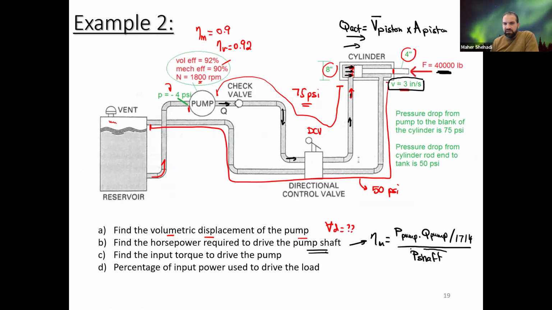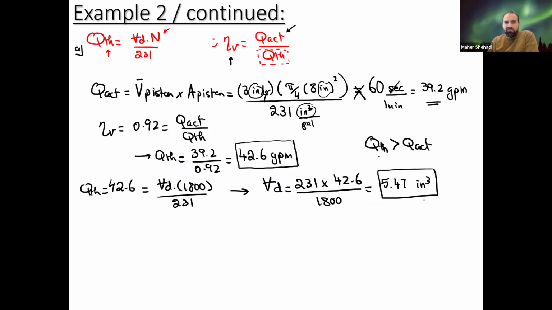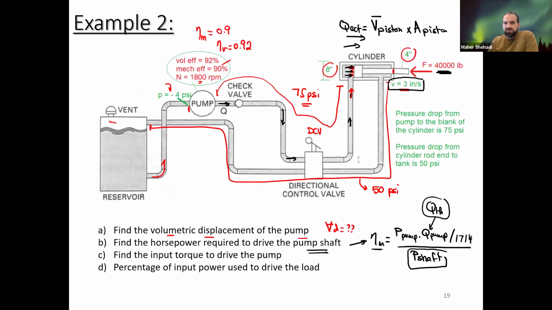Now, if you want to use the mechanical, then make sure you use the theoretical value here. We have both the actual and the theoretical, so it's up to you. If you want to use the actual, then make sure that you use the overall efficiency. We do have the volumetric and the mechanical efficiency, so I can find the overall efficiency. That's not the hard part.